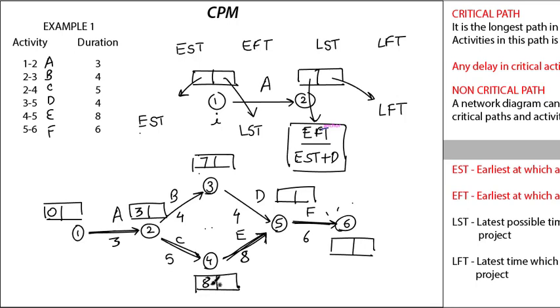And then D, coming to this node, there are 2 paths coming into this node. One is 7 plus 4, that is 11. Second is 8 plus 8, that is 16. So how to choose between 11 and 16? We have to go for the bigger one.